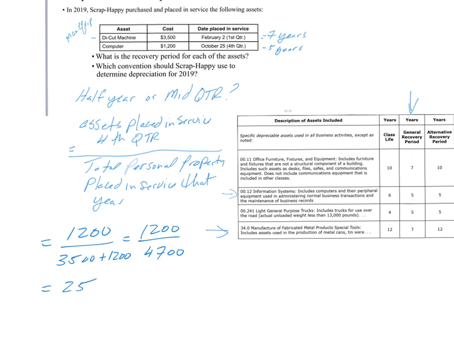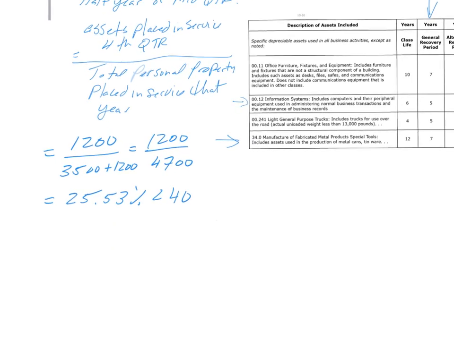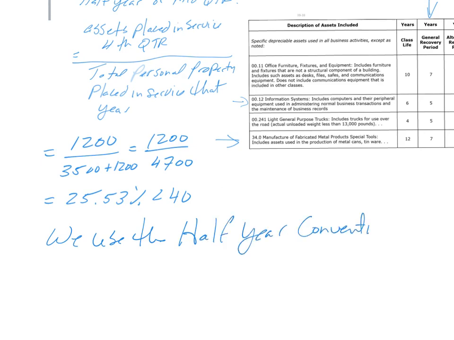That gives us 25.53%, which is less than 40. So what convention do we use? We use the half-year convention, which is more common. The half-year convention is much more commonly used than the mid-quarter convention.